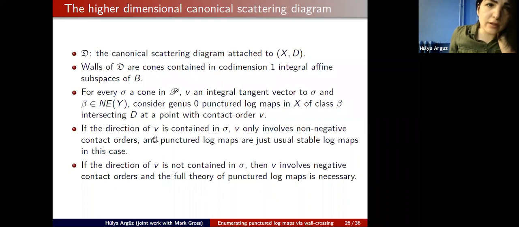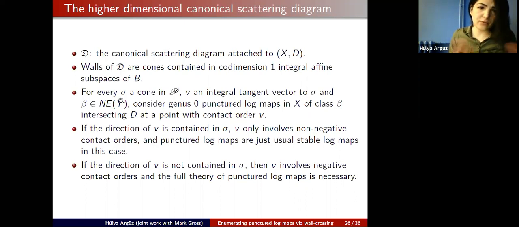And then if you look at the canonical scattering diagram attached to XD, this log Calabi-Yau pair in higher dimensions, the walls are contained in codimension 1 integral affine subspaces, and for every cone sigma and integral tangent vector v and beta in the Mori cone of X, you consider genus 0 punctured log maps in X of class beta intersecting D at a point with contact order v.